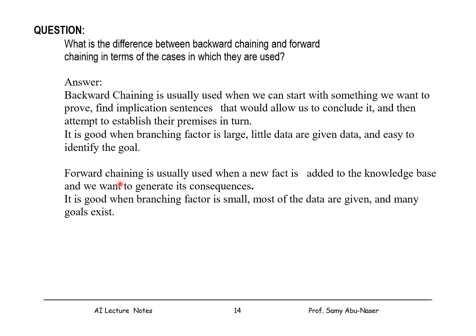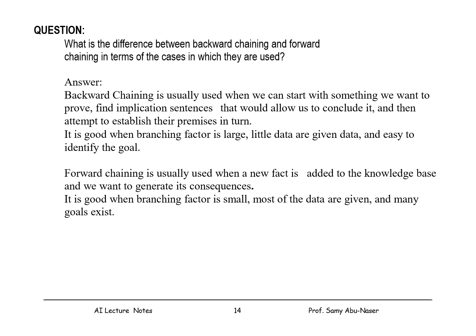But in terms of forward chaining, forward chaining is usually used when a new fact is added to the knowledge base and we want to generate its consequences. It is good when the branching factor is small. See, the opposite of backward chaining.